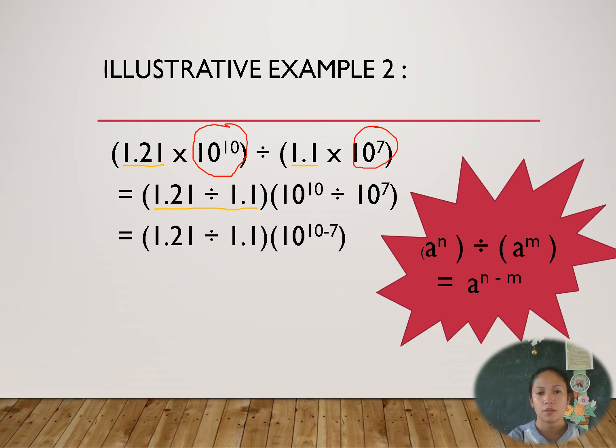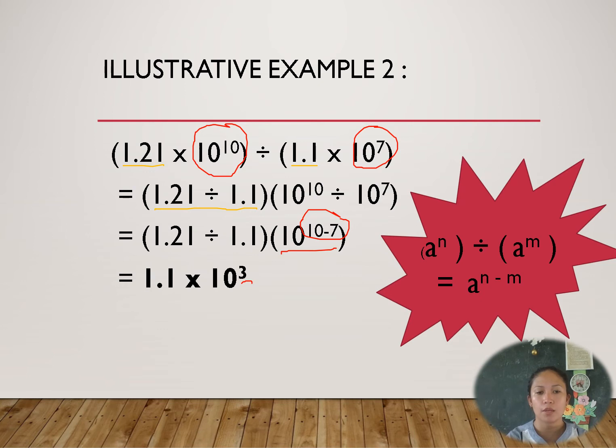Simplifying, we have here 1.21 divided by 1.1, and then for this part, we will now apply the quotient of a power. So we will subtract 10 minus 7, which is 3.